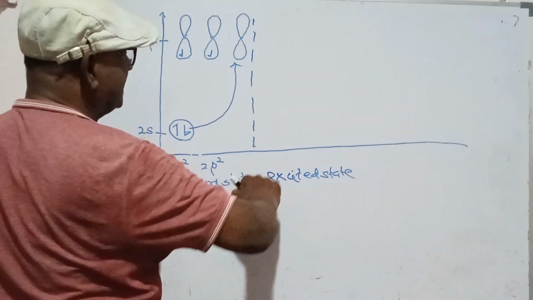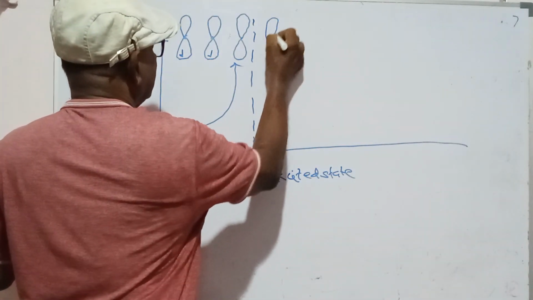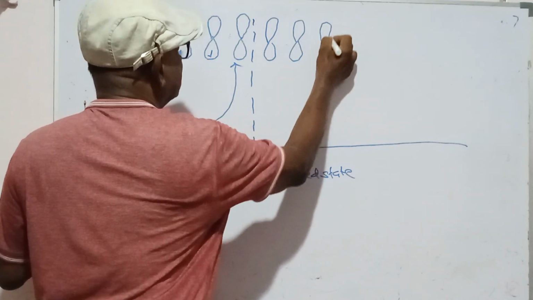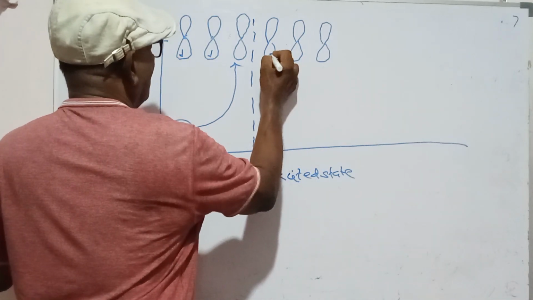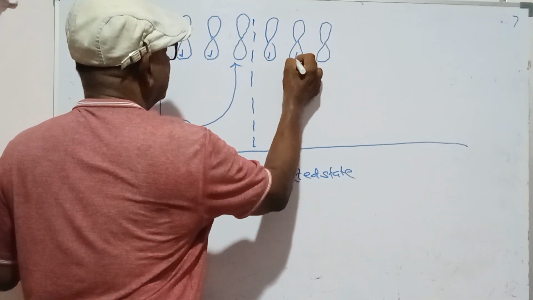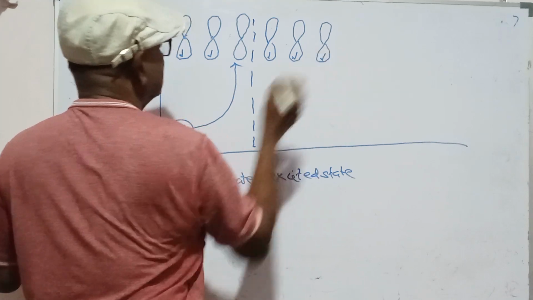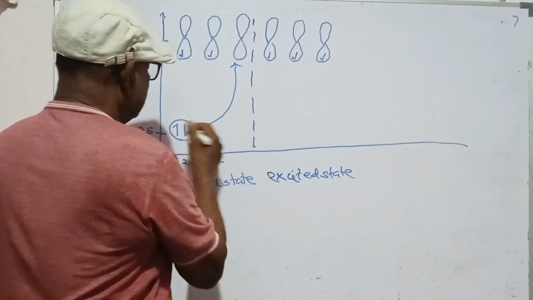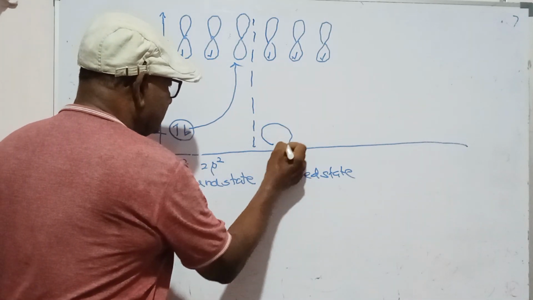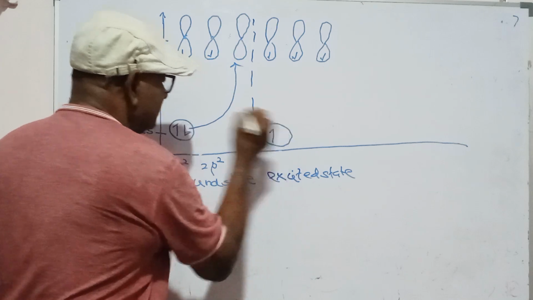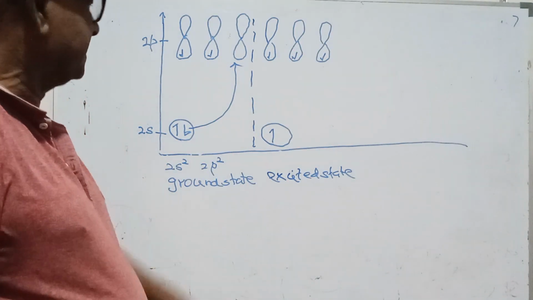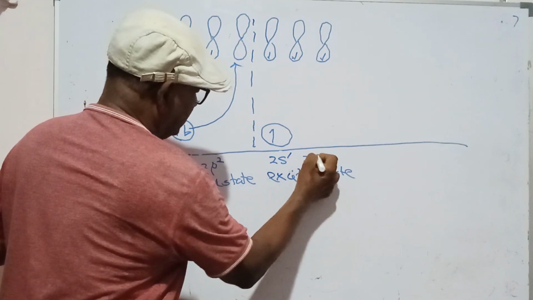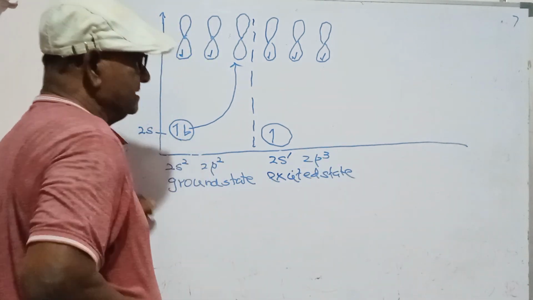After the excitation, there are three p orbitals, all having one electron each. The 2s orbital now has only one electron. This is the excited state: 2s1, 2p3. This is the configuration.